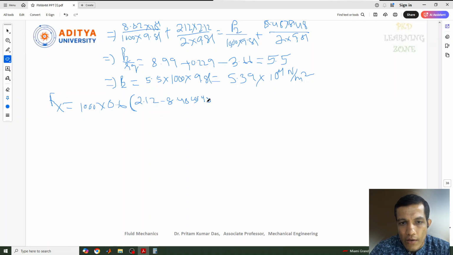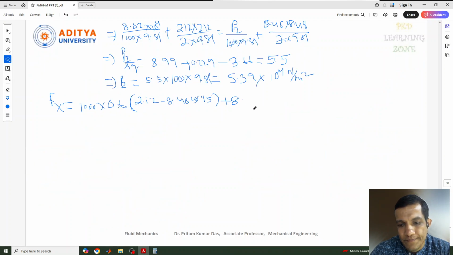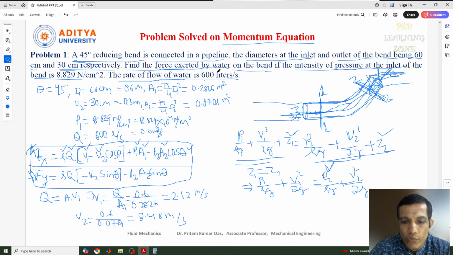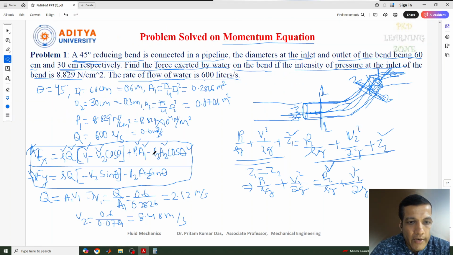And this is one term, plus here we get P1 A1. P1 is already given in the equation, 8.829 into 10 to the power 4, and area A1 is 0.2826, minus P2 A2 cos theta.